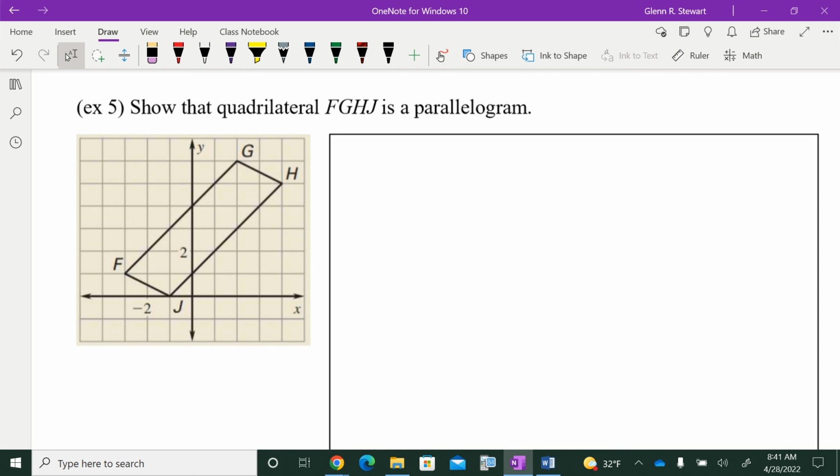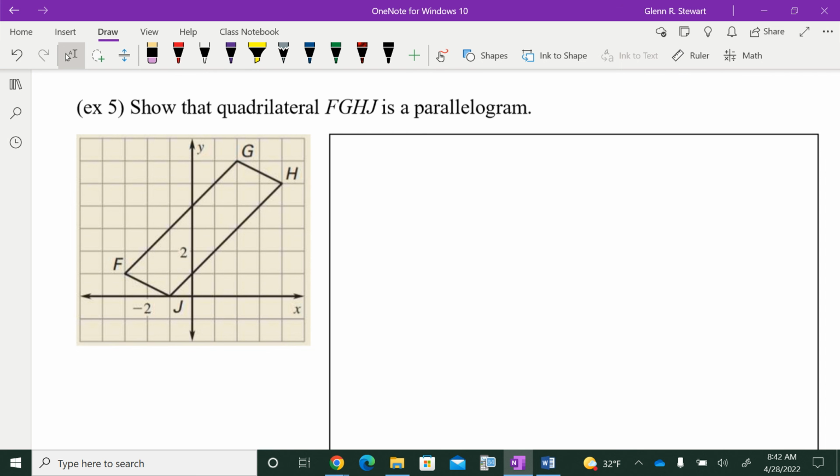There's a bunch of different ways that we can find out if this is a parallelogram. We could use distance formula to find both opposite sides are congruent to each other. We could use slope to find that the angles are congruent to each other. We could find one pair of opposite sides congruent, and that they're parallel to each other just by finding the slope.